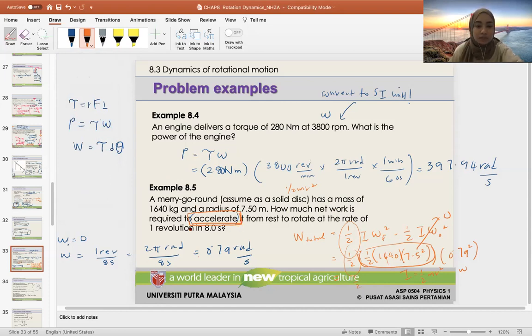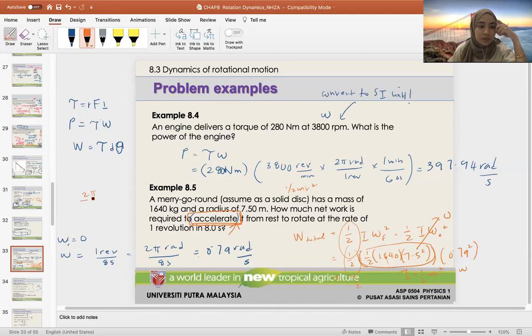The question asks how much net work is required to accelerate it from rest. Sometimes people get confused and say that 1 revolution in 8 seconds is the acceleration. Some people get confused when the question says what is required and we have 1 revolution over 8 seconds.